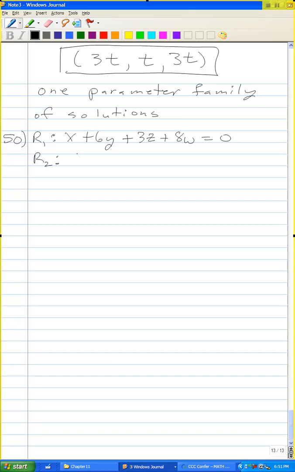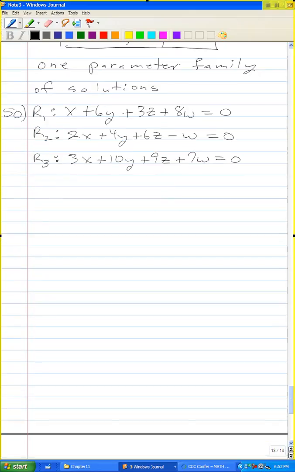R2: 2x plus 4y plus 6z minus w equals 0. R3: 3x plus 10y plus 9z plus 7w equals 0.